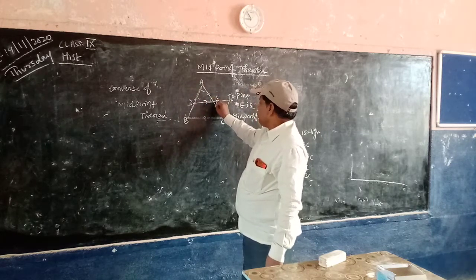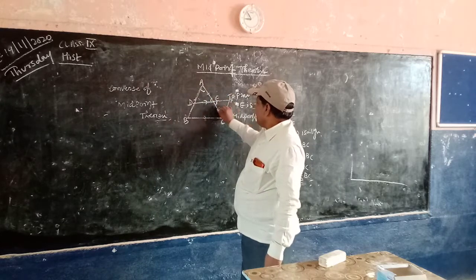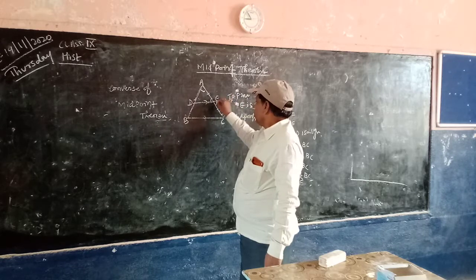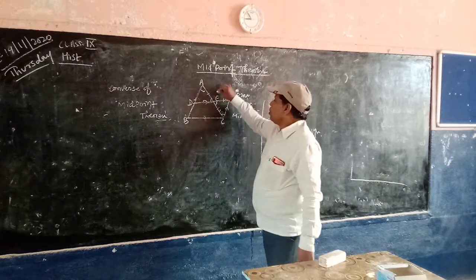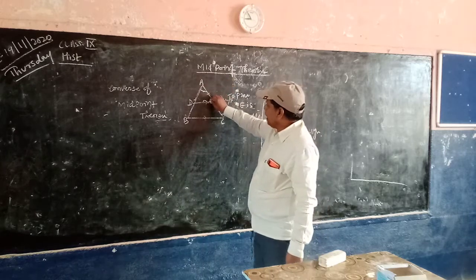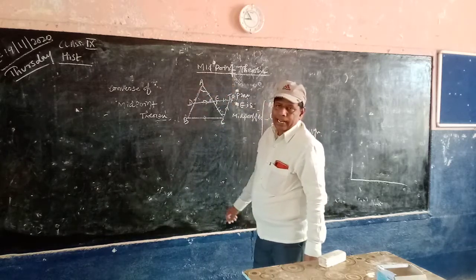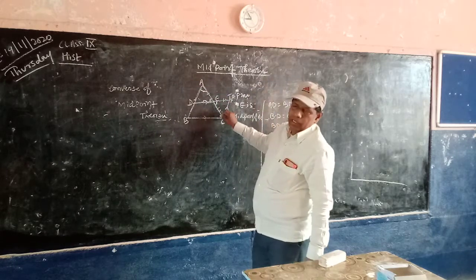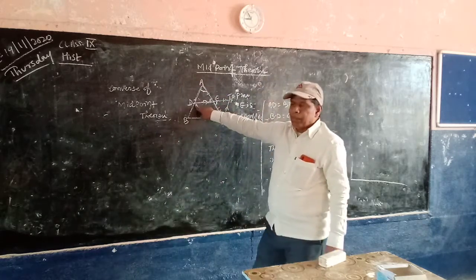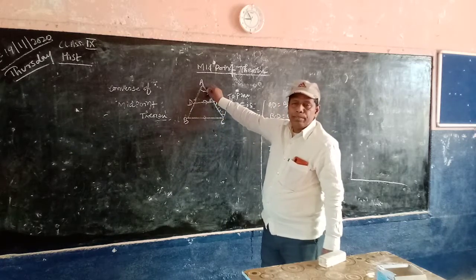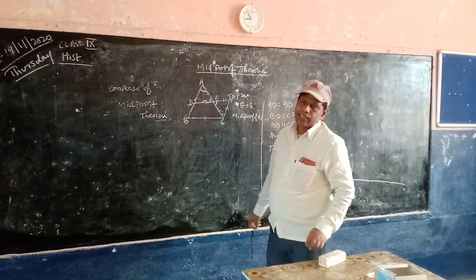DE produced to F, so DE equal to EF. Side, angle, side, AAS. So E is the midpoint of AC. One side's midpoint and the side parallel, so the other side also has its midpoint, the side AC.